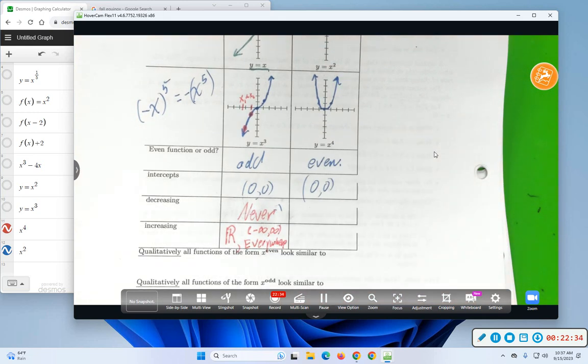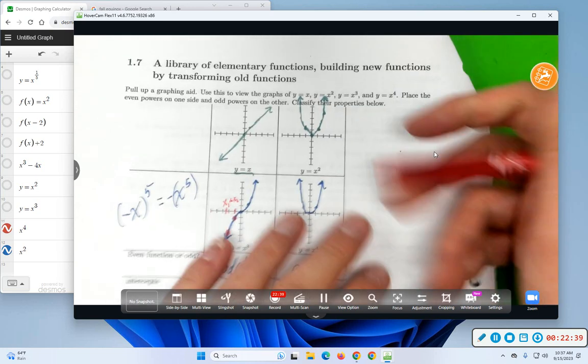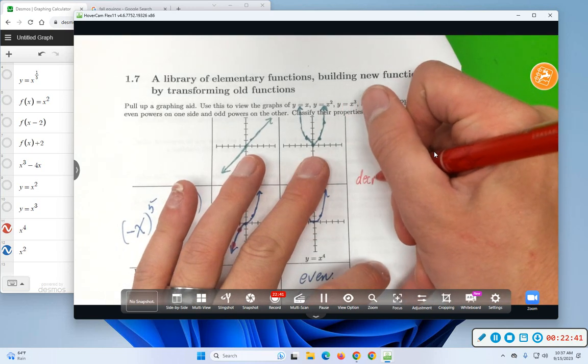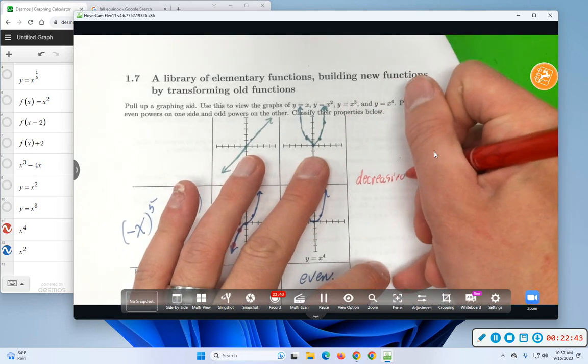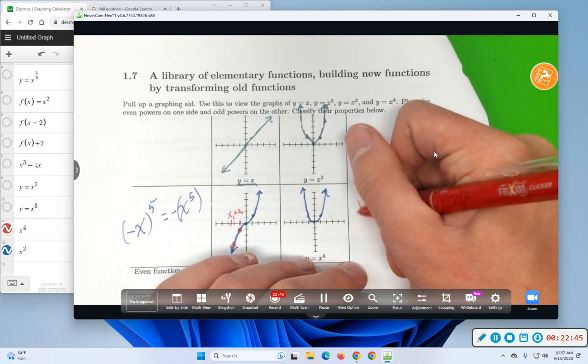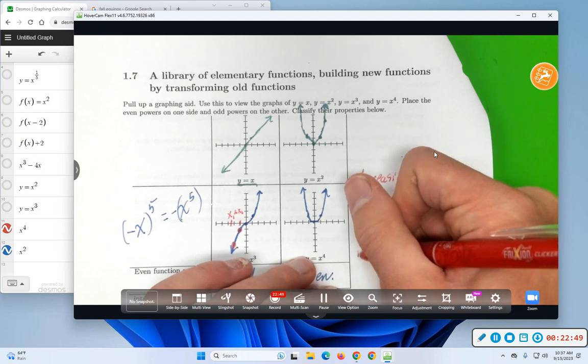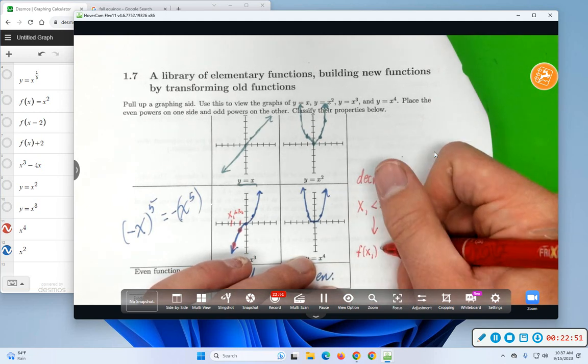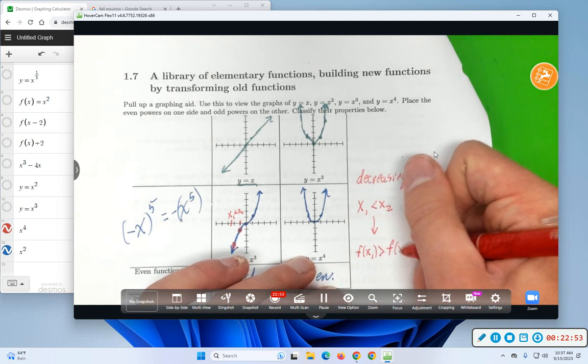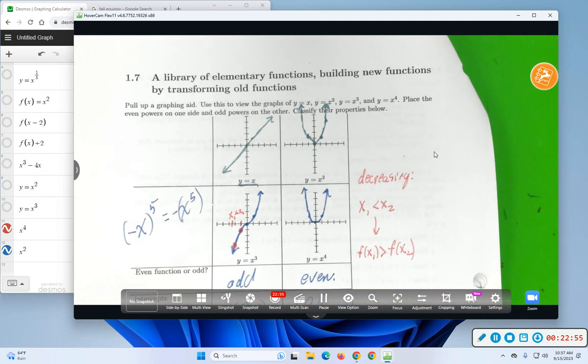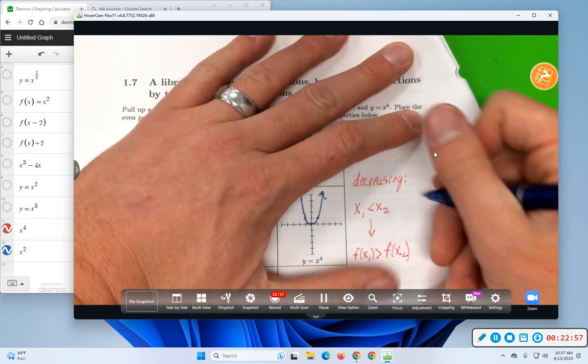Can you explain the test that you did again with the x1, x2? Yeah. So decreasing means that if you have x1 less than x2, this should go to f of x1 bigger than f of x2. Let's put that in just words.